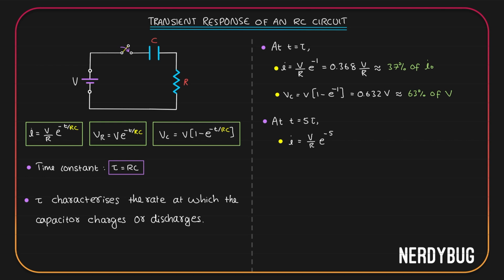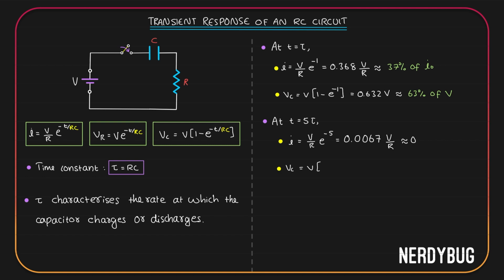If we calculate e raised to minus 5, this becomes 0.0067 times V by R, which is really small. So we could say this is approximately equal to 0. The current in the circuit is approximately equal to 0. What happens to the potential across the capacitor?